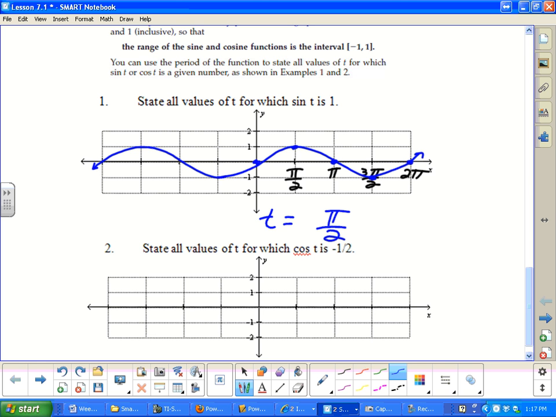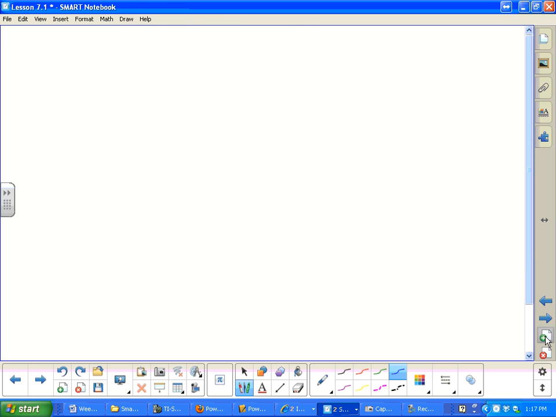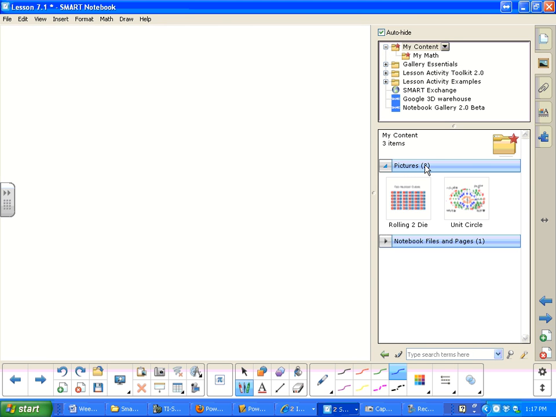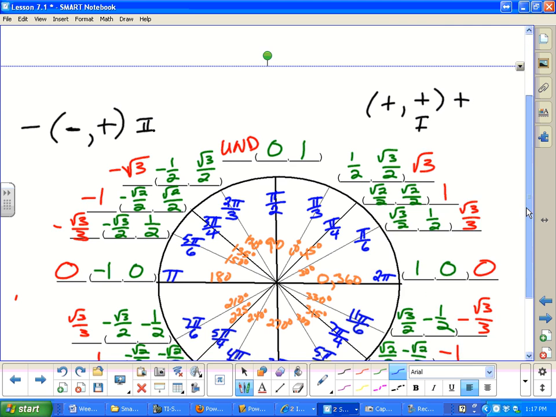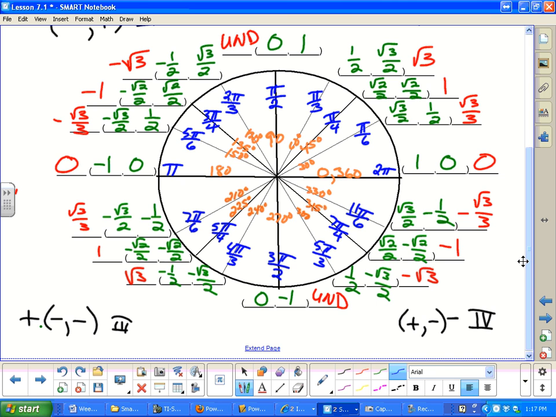When does sine hit 1 again? Gallery. At 5 pi over 2. In other words, pi over 2 plus 2 pi, right? Because if we look at the unit circle, sine is 1 at pi over 2, and when I go all the way around the circle again to that spot, it's 1 again, isn't it? Or if I go clockwise and go all the way around the circle again, it's at pi over 2, but it's 1 there again, isn't it? So how far do I have to go to get to where sine is 1 again?